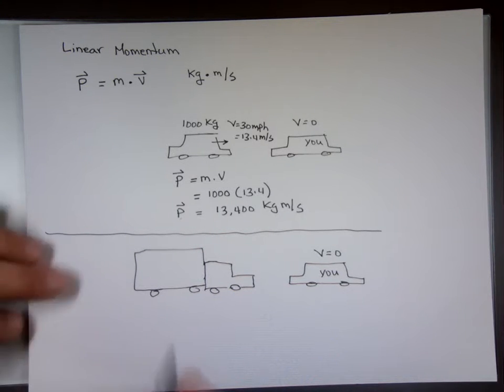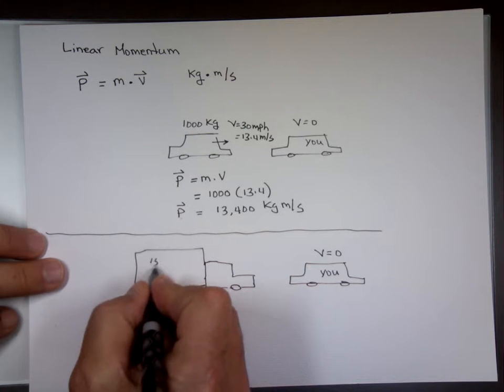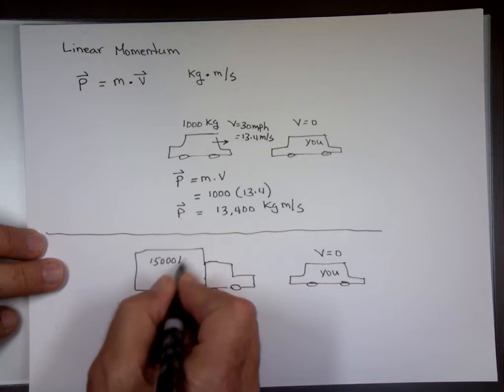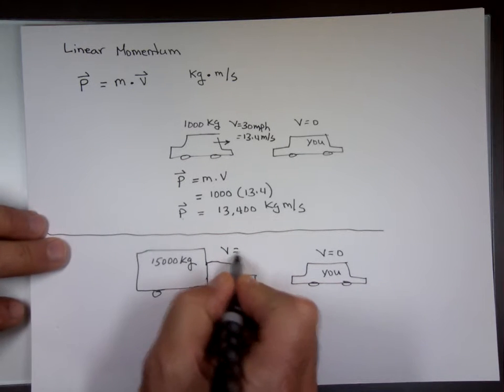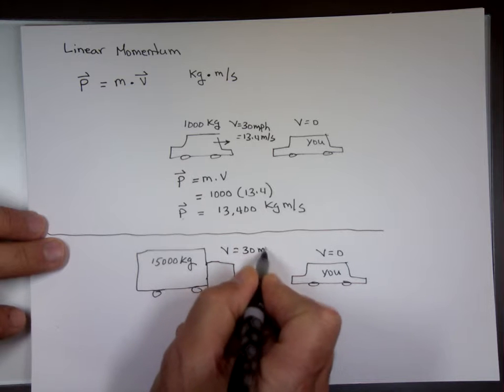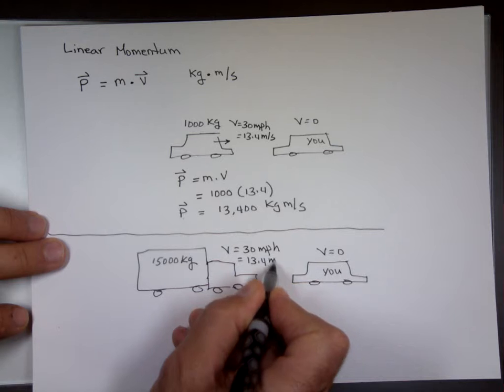Now that truck has a mass, instead of 1,000 kilogram, probably 15,000 kilogram, or 10,000 kilogram. So it's not light if it's loaded. And it has the same speed, going 30 miles per hour, which is 13.4 meters per second.